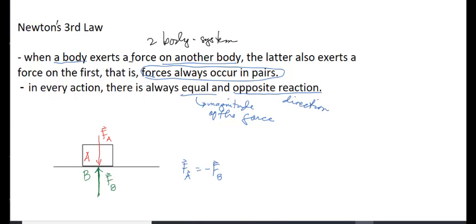And body B will exert a force equal and opposite in direction, Fb. The magnitudes of these two forces are equal, but their directions are opposite. Fa is equal to the negative of Fb, the force exerted by body B. Both action and reaction are exactly equal. One cannot be slightly less or more than the other.